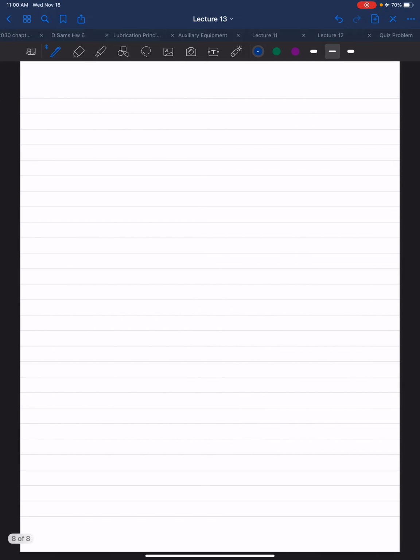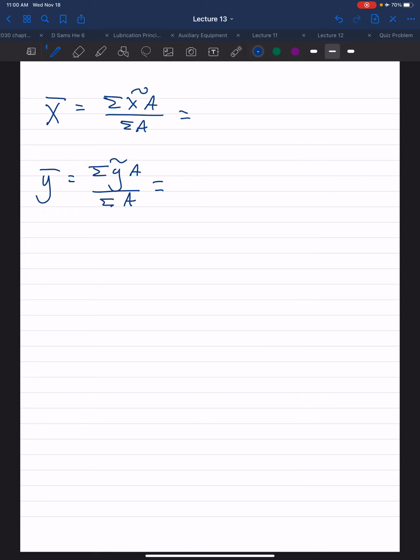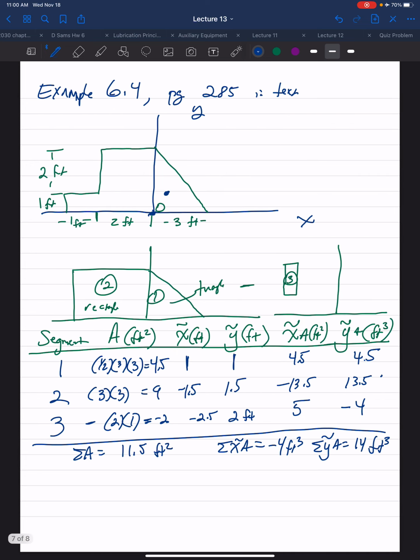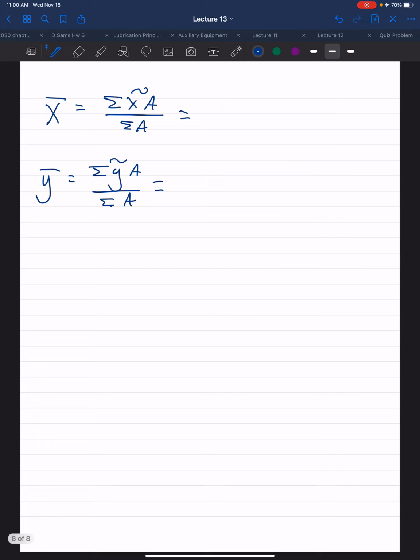So now, to get the centroid of the composite shape, remember our formula is, and from the previous page, we determined x wavy bar A to be -4 cubic feet.